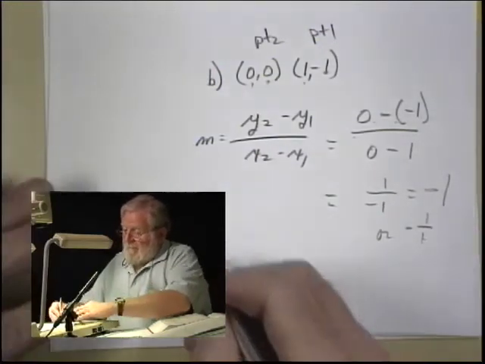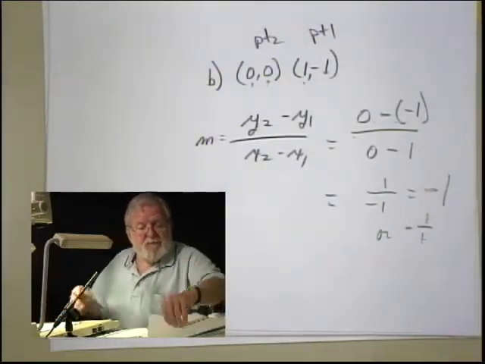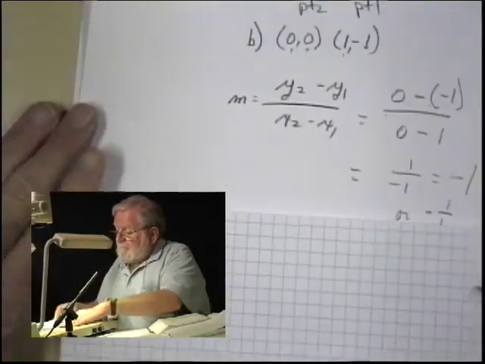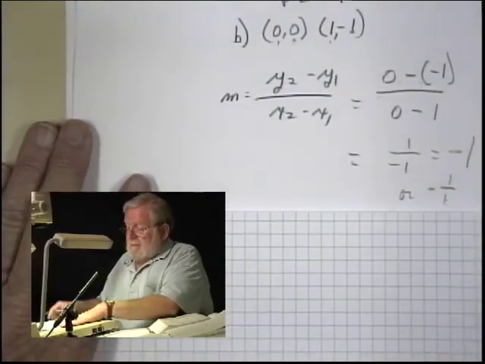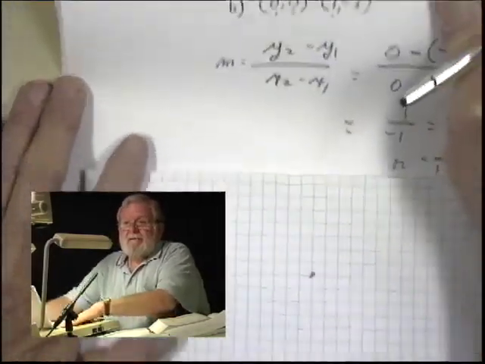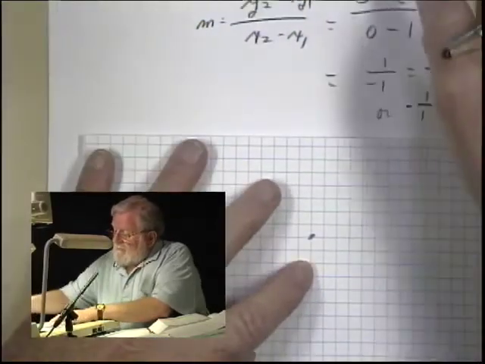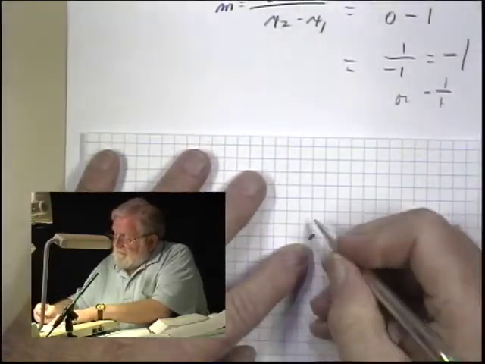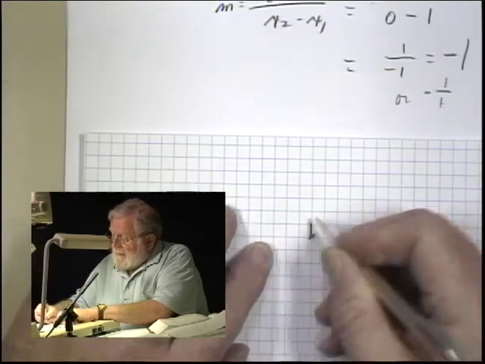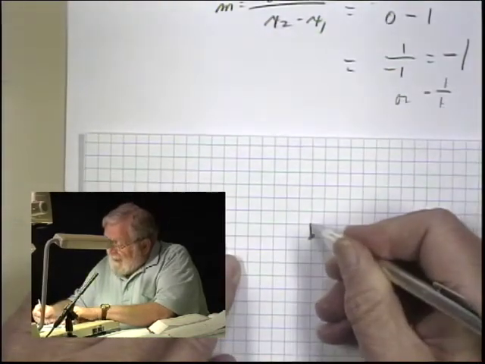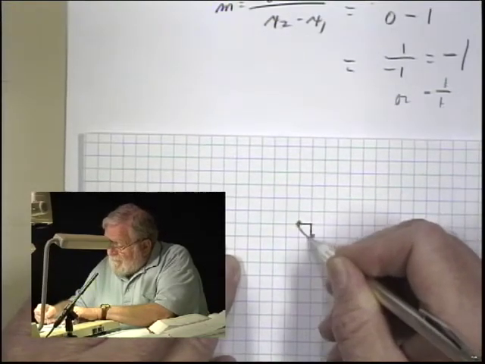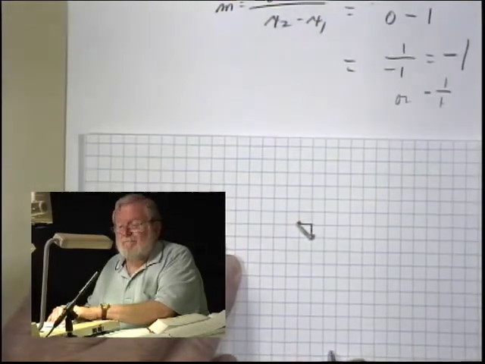So if you were doing a graph of this, and we're working with a negative number, we have to change 1 in the y and a -1 in the x. So our slope would be down like that.